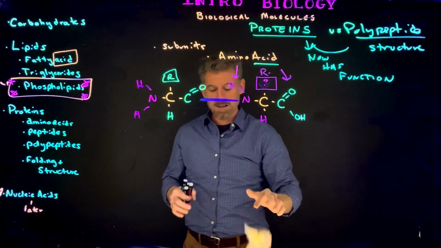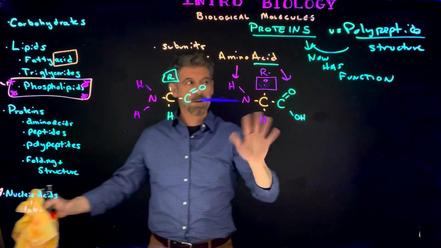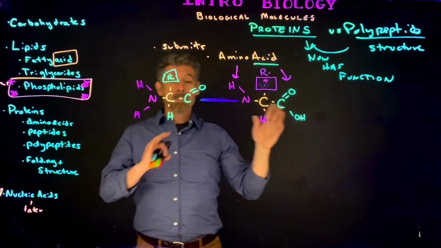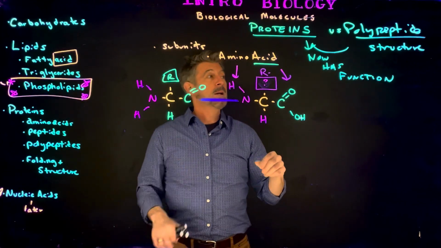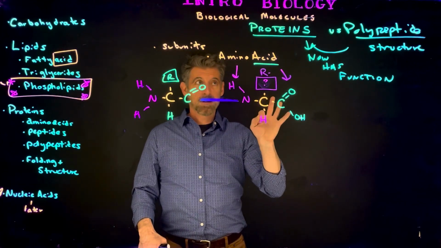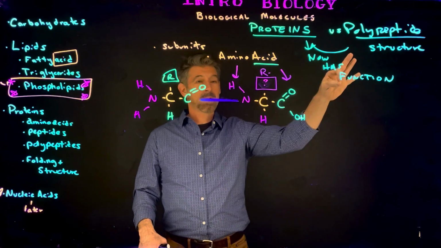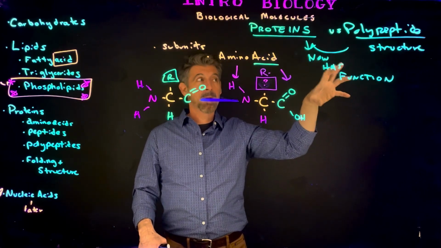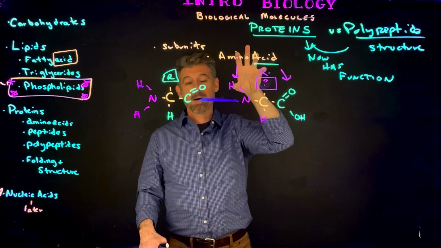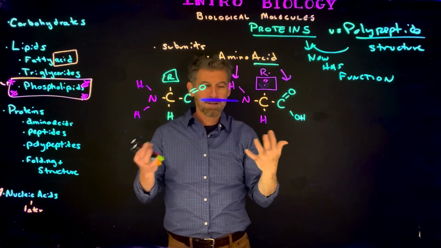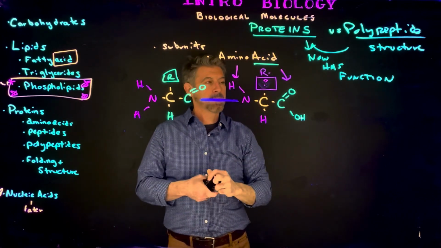So it's a very, very slight difference in terms. Some people use them interchangeably, and in many ways they are interchangeable. It's just that there's a fine difference between a polypeptide and a protein having function, carrying out a job, and when we talk about carrying out the jobs, they're done by proteins. So it's very slight, but it exists.